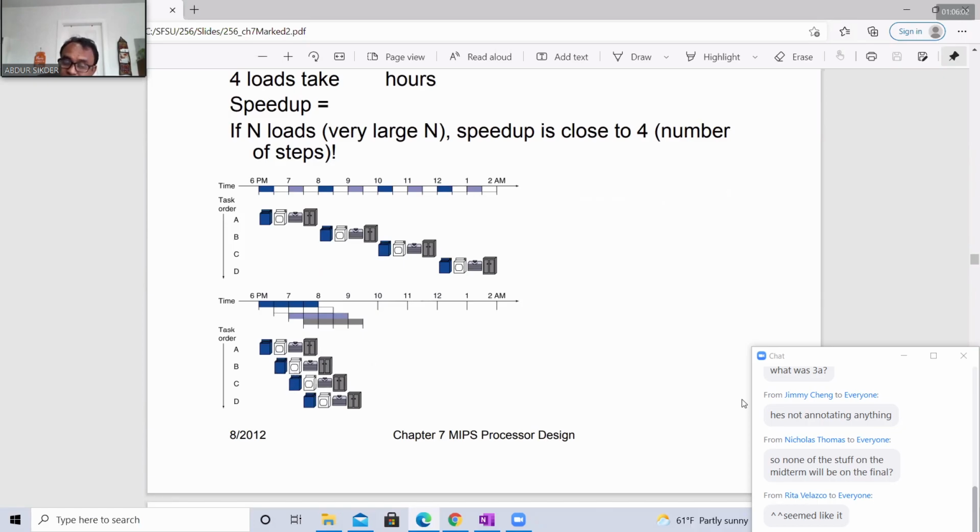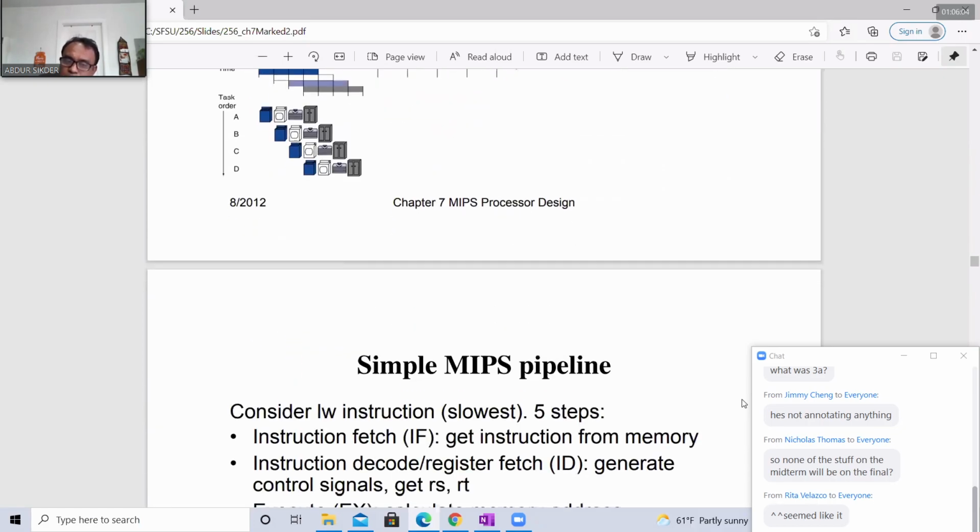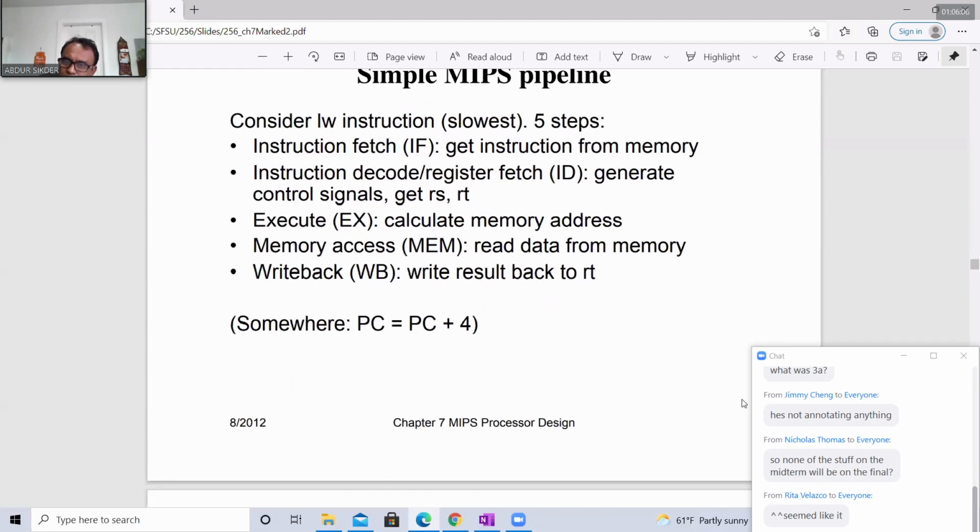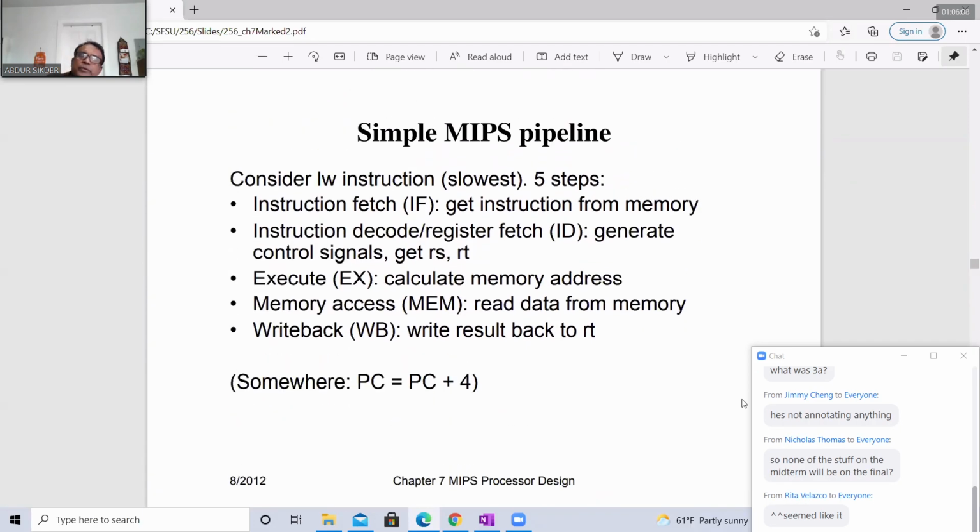You can use the same technique in processing, in a simple MIPS pipeline. You have instruction fetch first, then decode, then execute, then memory access, like memory read, and then write back. So you have these 5 steps to do.